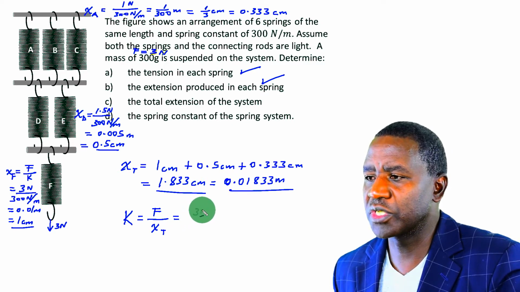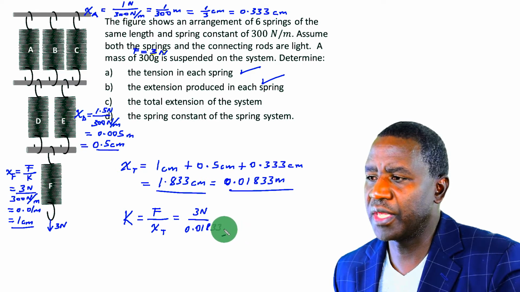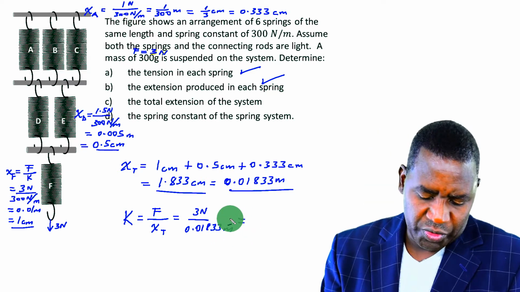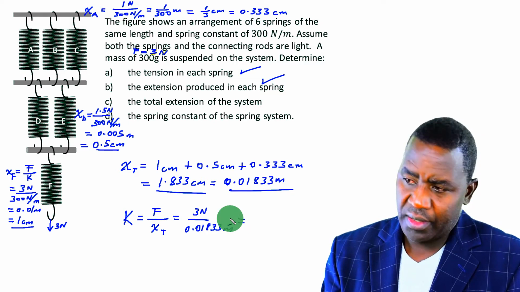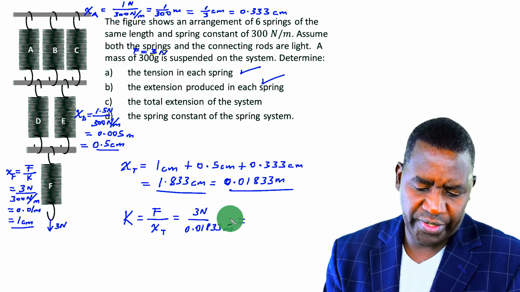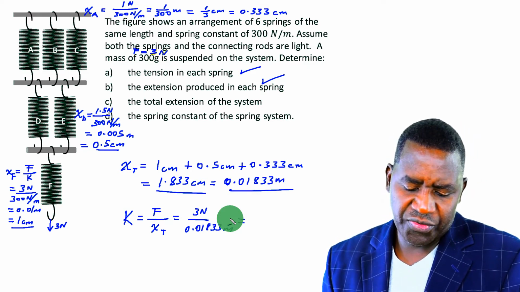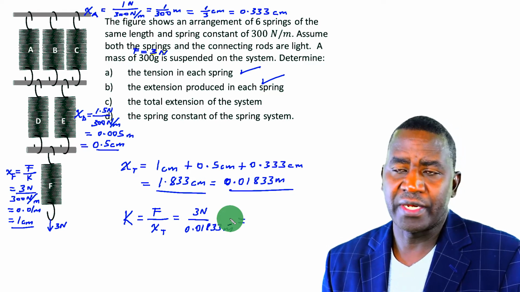So over here, I've got 3 newtons divided by 0.01833 meters. So I'm going to divide 3 by 0.01833, and I get a value of 163.7.